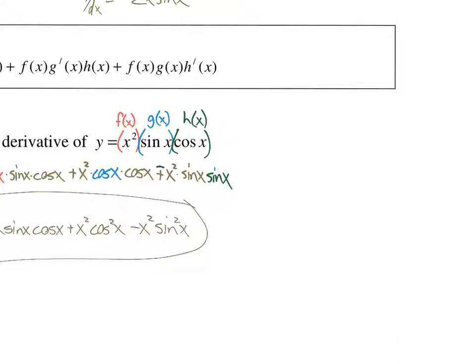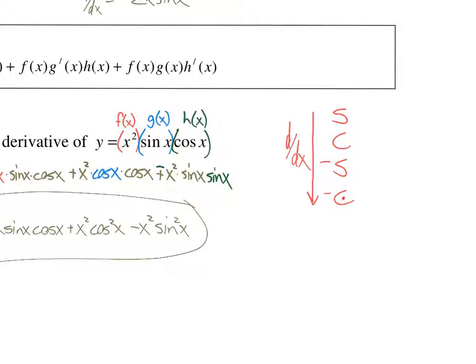I haven't shown it to you yet, but if you do S, C, negative S, negative C, as you go down, these are going to be the derivatives. So the derivative of sine is cosine. Derivative of cosine is negative sine. Derivative of negative sine is negative cosine.